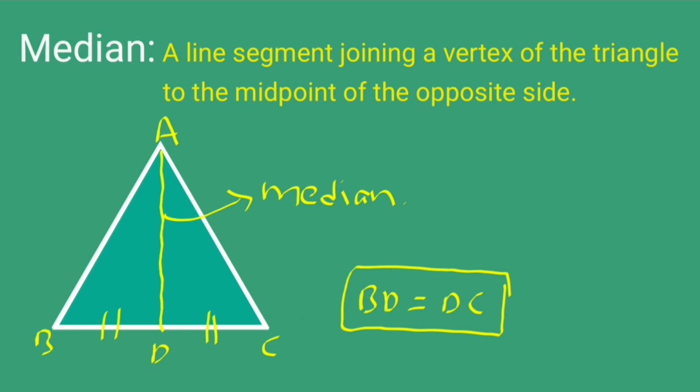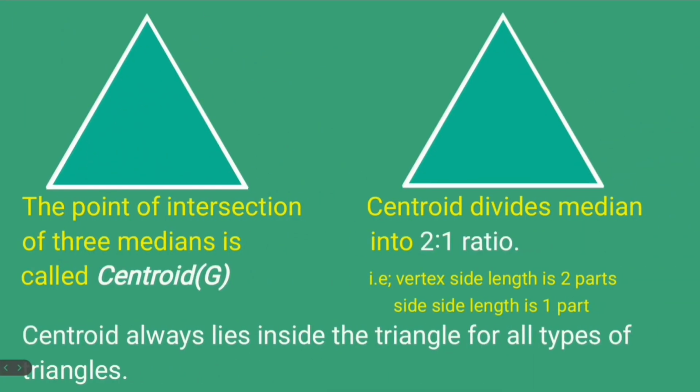Next, now here is the triangle. This is the first median, this is the second median, and this is the third median. Now these three medians meet at this point.